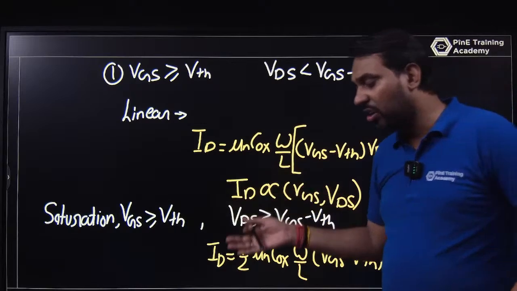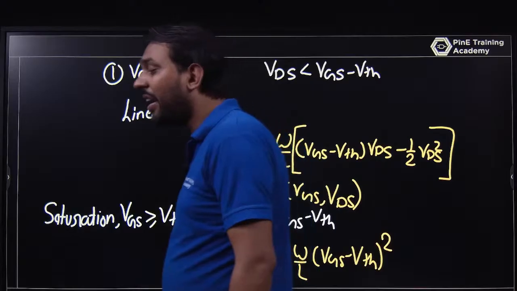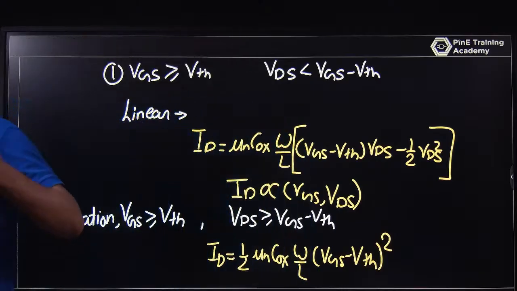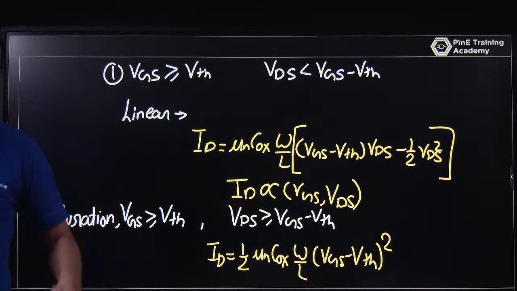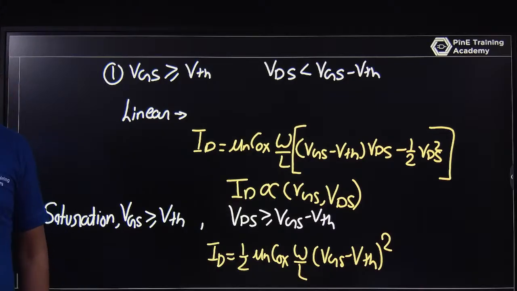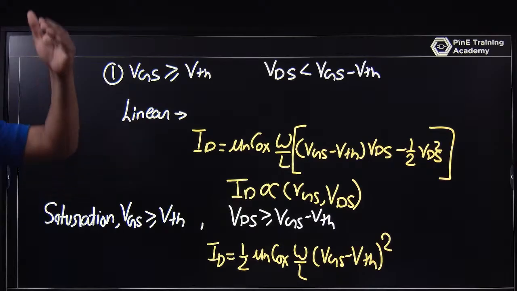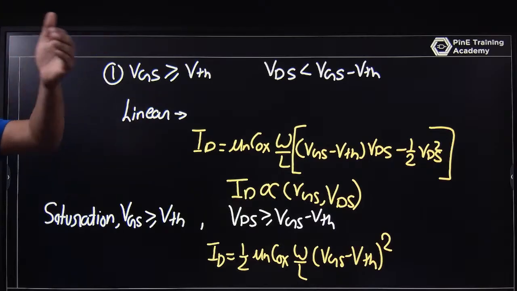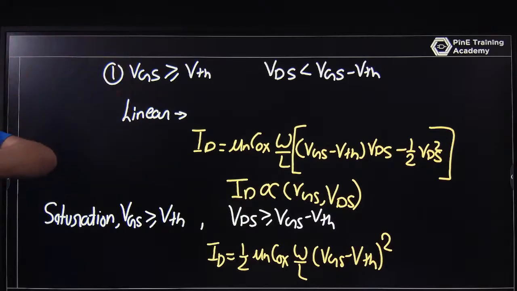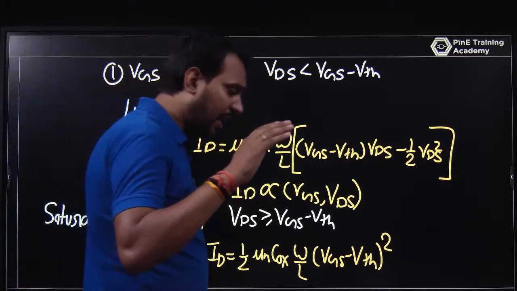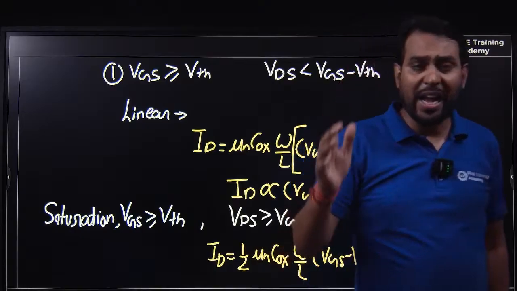Just like in a BJT you use a common emitter, in a MOSFET you use common source. So we always follow this funda from BJT to MOSFET, MOSFET to FinFET, FinFET to GFET. Whatever is coming to the market, we try to make the gain higher.